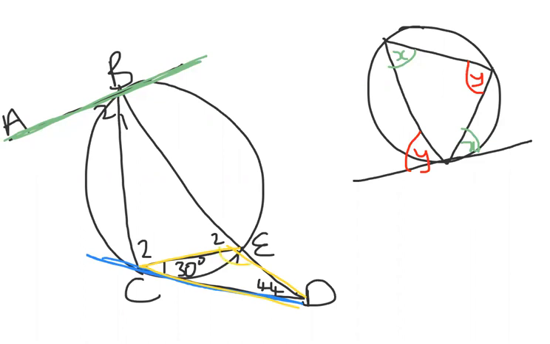So that's E1. And if you do the maths, then E1 will equal 180 minus 30 minus 44. So 180 minus 30 is 150 minus 44. That answer is 106. So this E1 over there, that is 106. That's just the insides of a triangle.